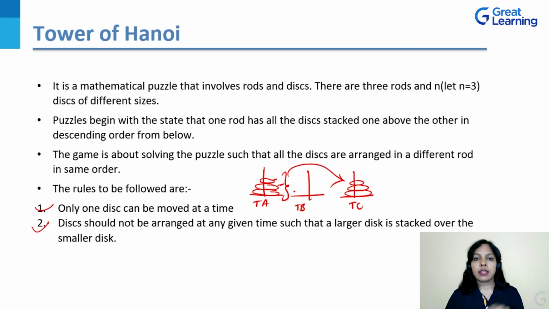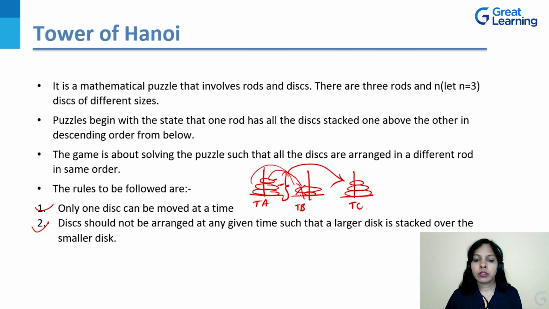Whenever you are stacking two or three disks in a tower, they should be in this order only. The largest one should be down, then the smaller one above it. It should not be that the smallest one is down and the larger one is kept above it. You can't move the smaller one over here and then the larger one above this. That should not be the case.